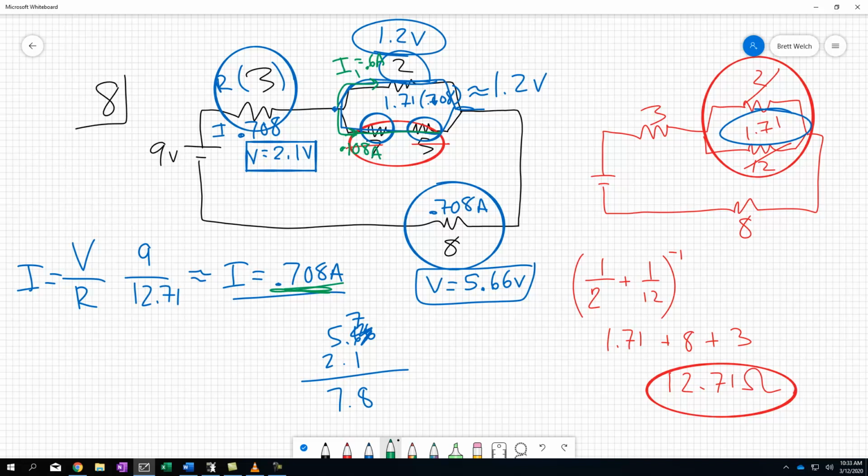And if you take 0.108 with your calculator times 7, we get 0.756. And if I do 0.108 times 5, if I add those together, I get roughly the same 1.2 volts. We can see how it works on each individual piece.